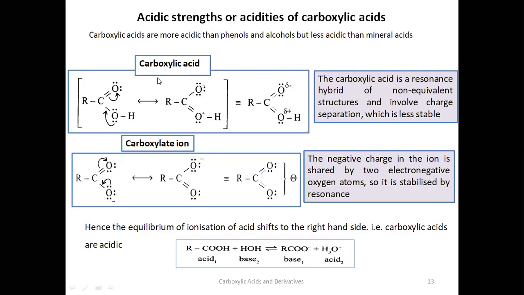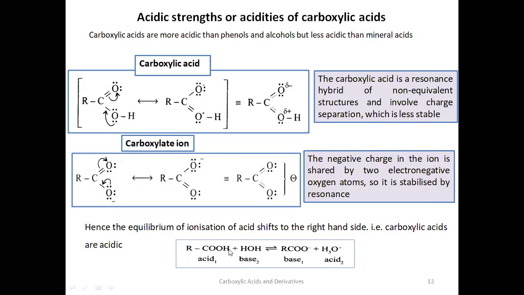In order to judge whether it's a good acid or a poor acid, we have to see its equilibrium. If it's a good acid, it has to lose this proton very easily and form this base.